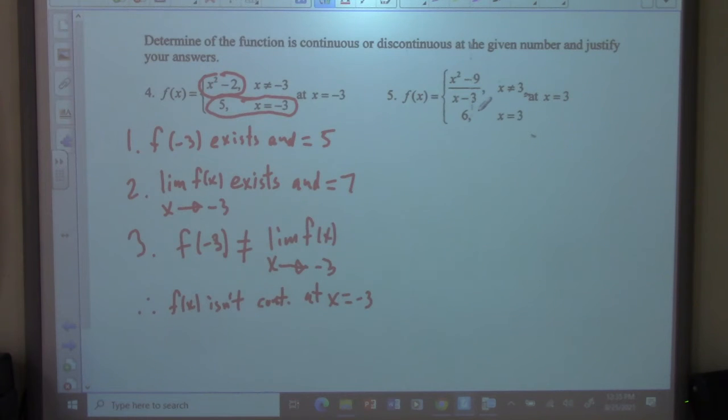So it means that f of 3 is equal to 6. So it's this whole thing over again, but you're saying f of 3 exists and equals 6. So that's where your black dot would be on the graph. This is your black dot. In fact, you might even write this down. Okay, black dot.